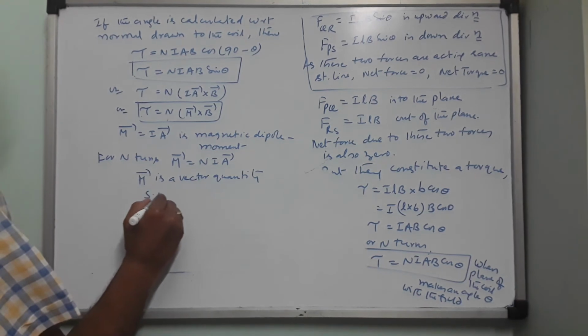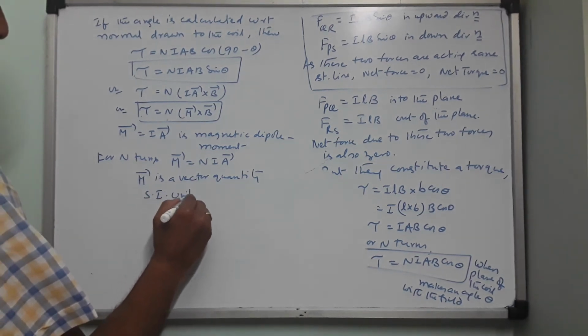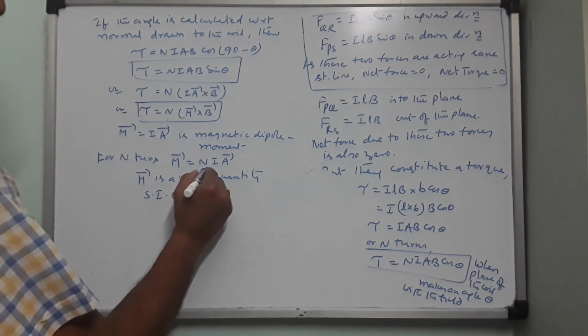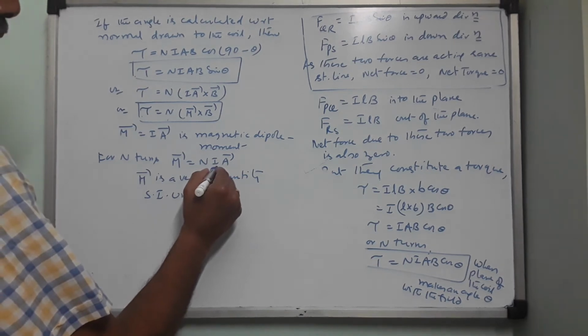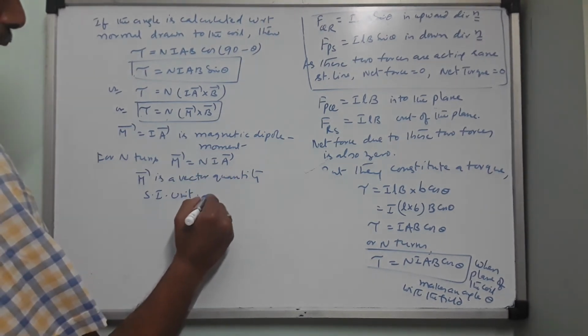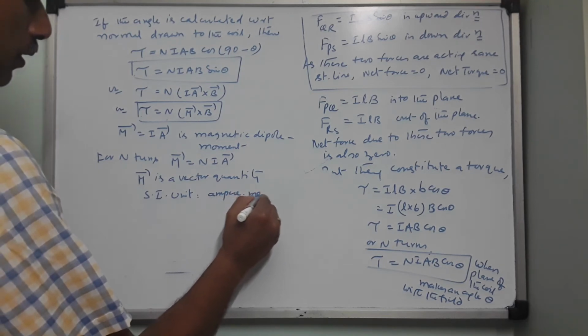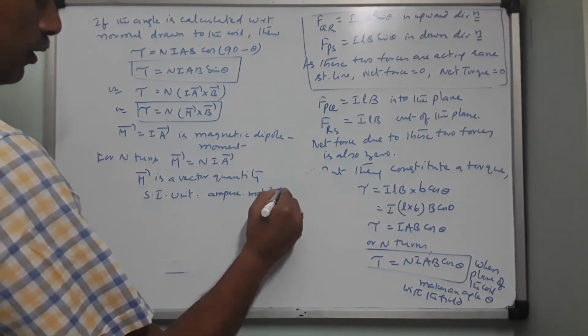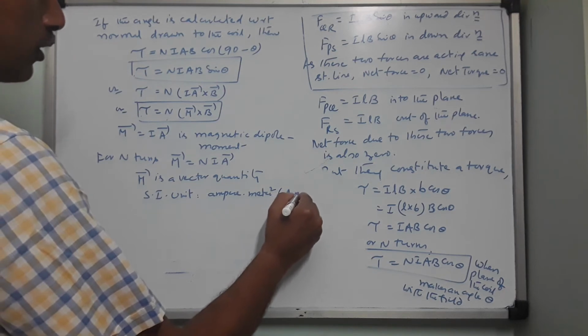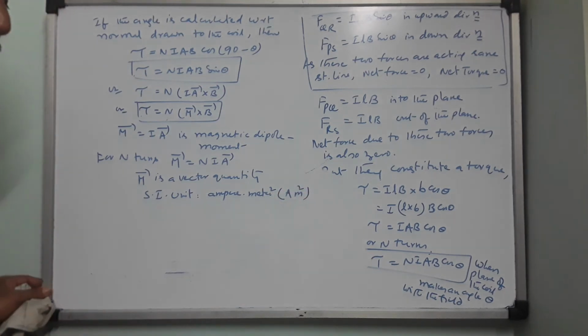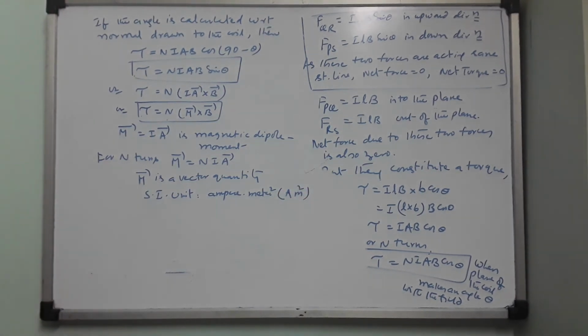SI unit: number of turns, no unit. I is measured in what? Ampere. A is measured in what? Meter square. So ampere meter square, written as A m square. Magnetic dipole moment.